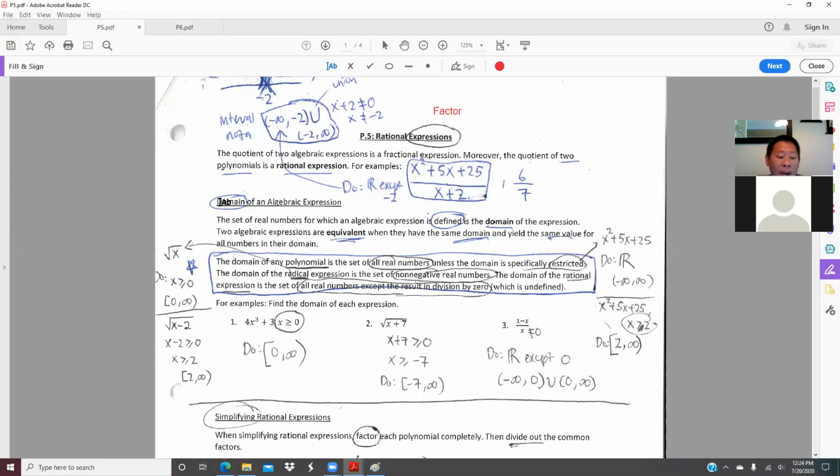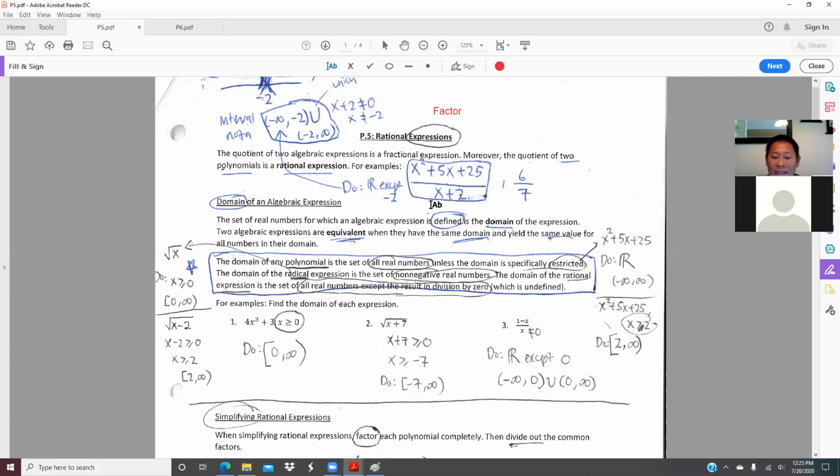We'll talk about domain. Domain is a very important word that you'll be using a lot, not just in this class, you go all the way to calculus, even to higher level math. So what is domain? Domain is the set of real numbers for which an algebraic expression is defined. So domain means what numbers can x take in this case.